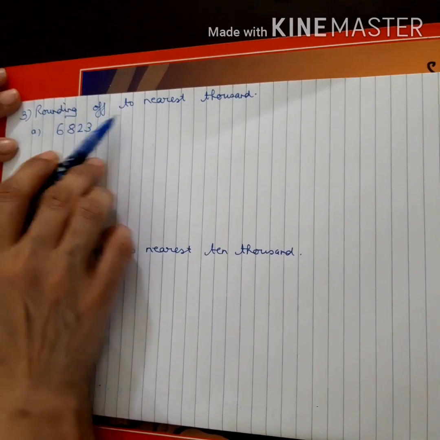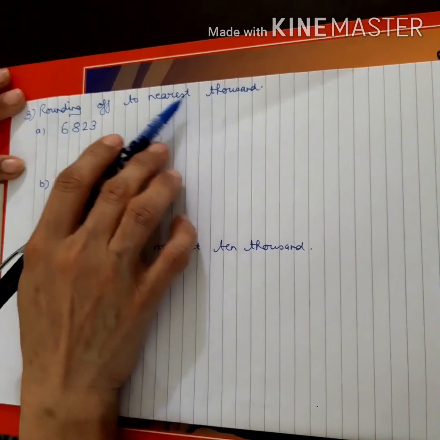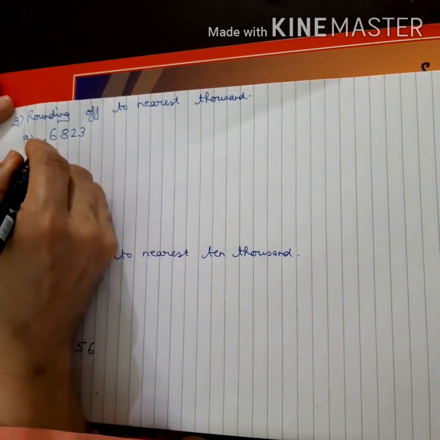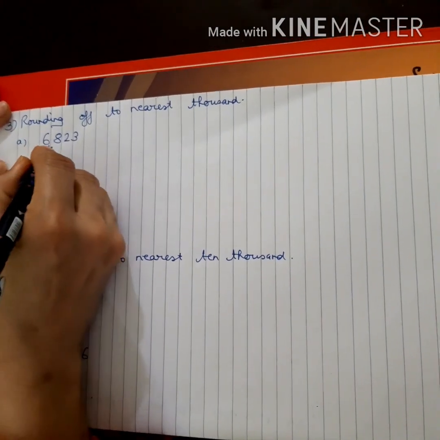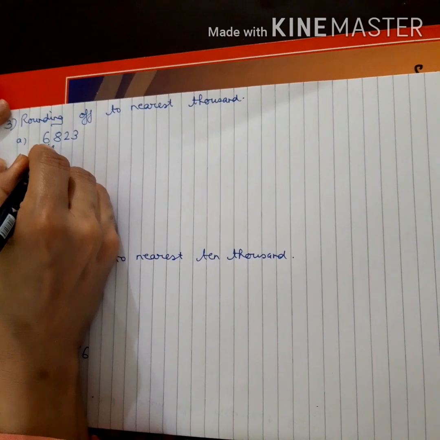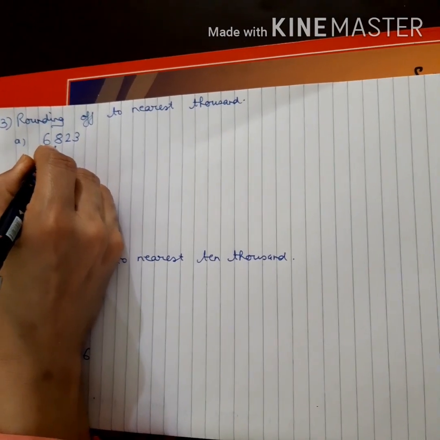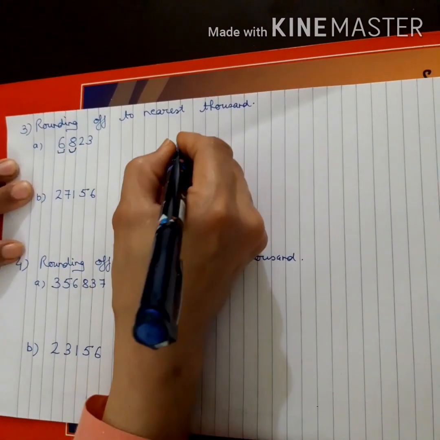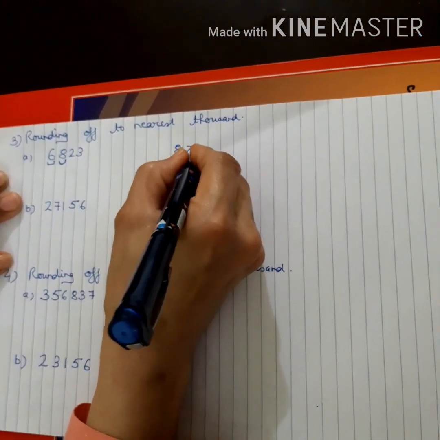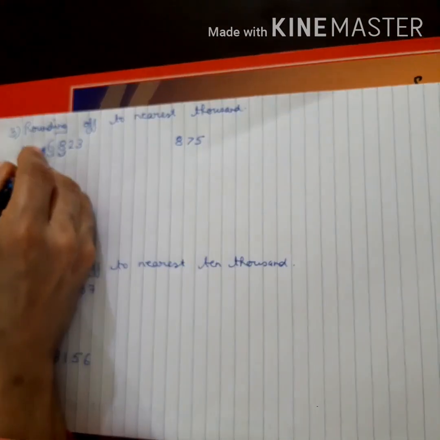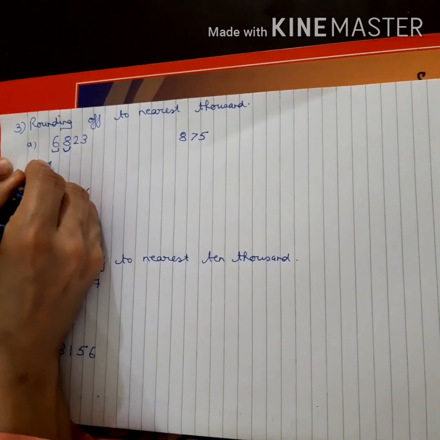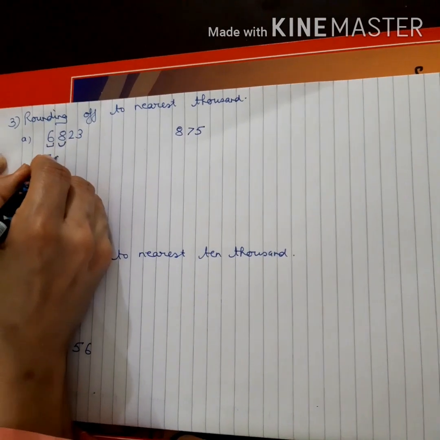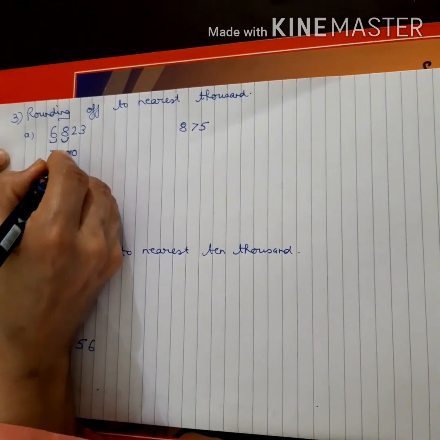Third, rounding off to nearest thousands. We are rounding this number to nearest 1000. So we will underline the digit at 1000 place and we will check the digit which is one place lesser than it. It means we will check the digit at 100 place. This 8 is more than 5. So the digit at 1000 place will increase by 1 and all the digits after this will become 0.